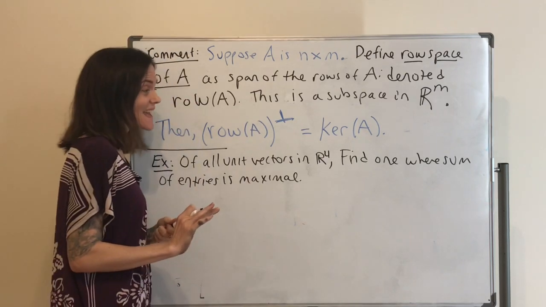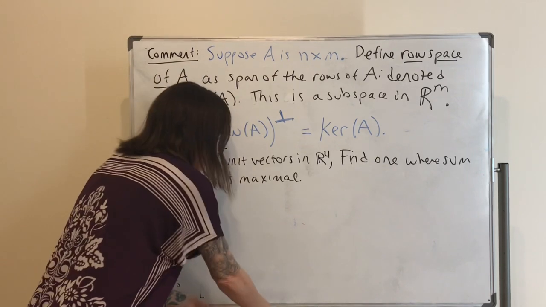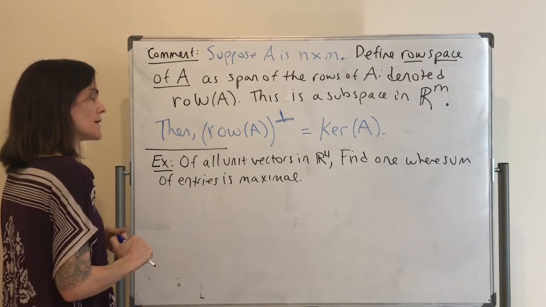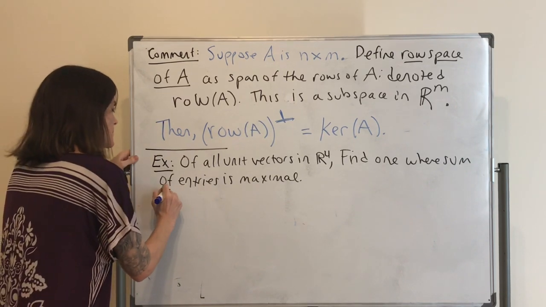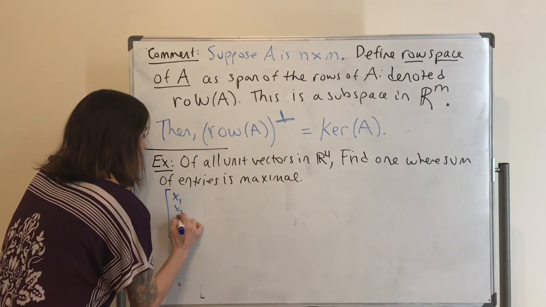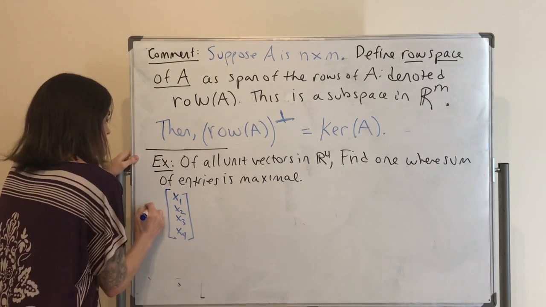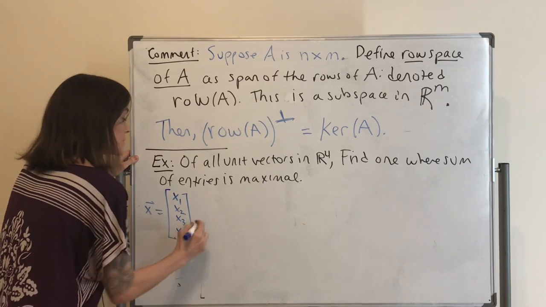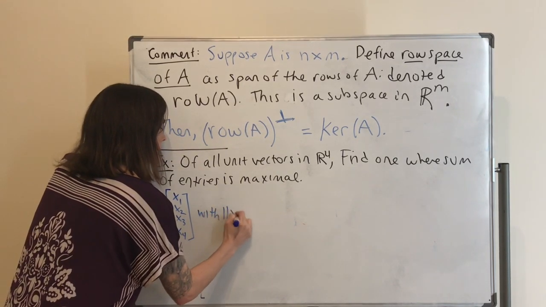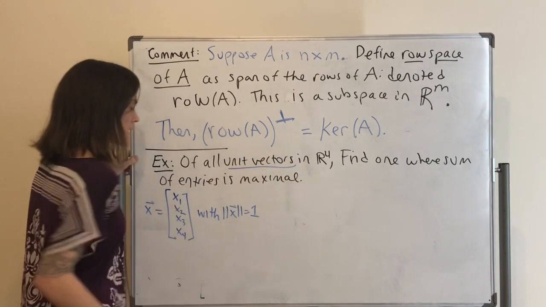Well, we have to think because it seems strange. So let's just write down some things. As I mentioned, this will use Cauchy-Schwarz, and we will be able to figure this out. So let's suppose we have x1, x2, x3, x4, and we're really only looking at unit vectors here.